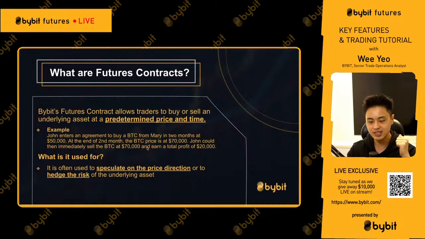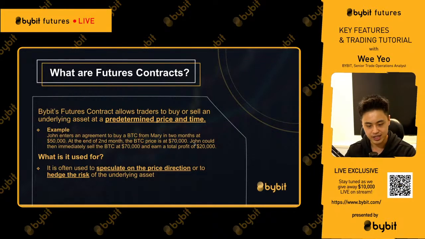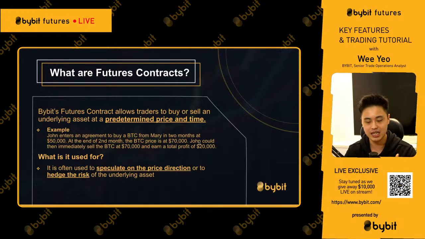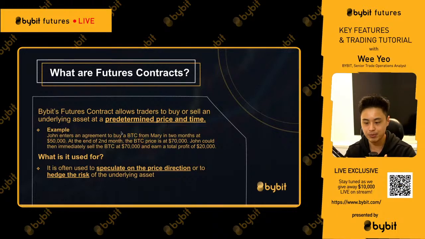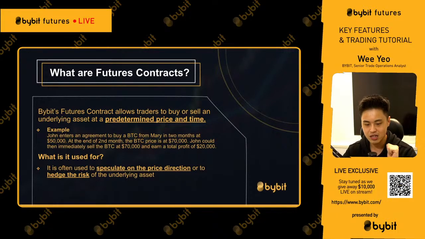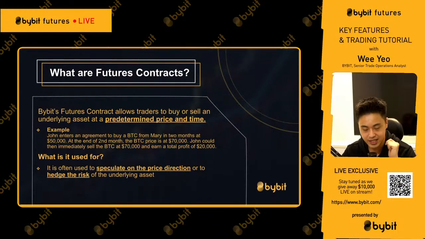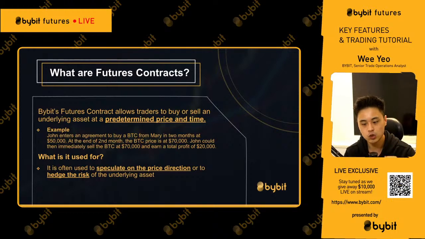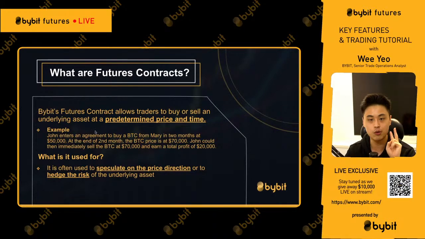But there is an agreement made between John and Mary, which means this transaction, they have to make it happen. Once they made it happen, John received that BTC and only paid 50,000. What John immediately does next is sell the BTC at 70,000, and he made a profit of 20,000.